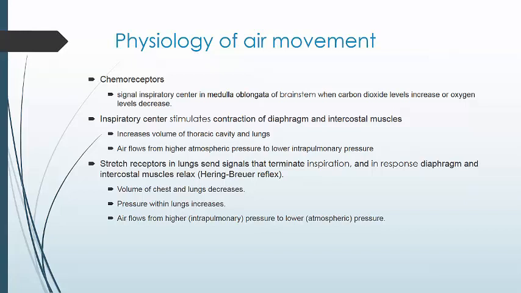This increase in hydrogen is going to decrease the pH or make it more acidotic. The chemoreceptors in the medulla sense this increase in carbon dioxide by sensing a decrease in the pH of the blood in the CSF, which stimulates your inspiration. You've got your chemoreceptors there.